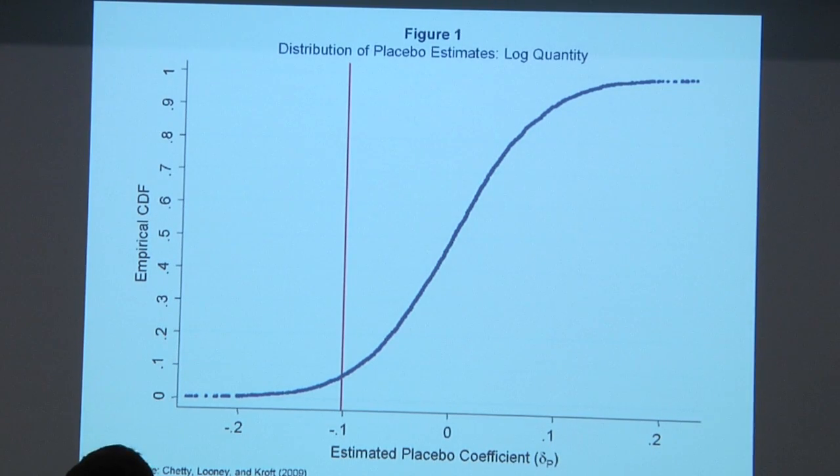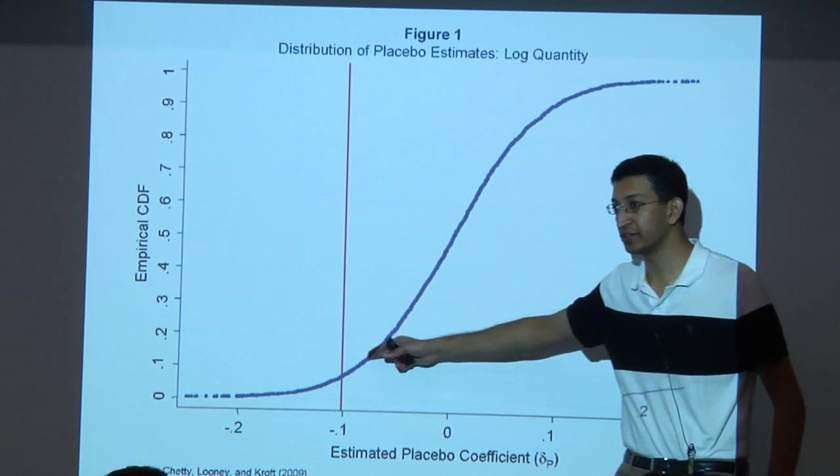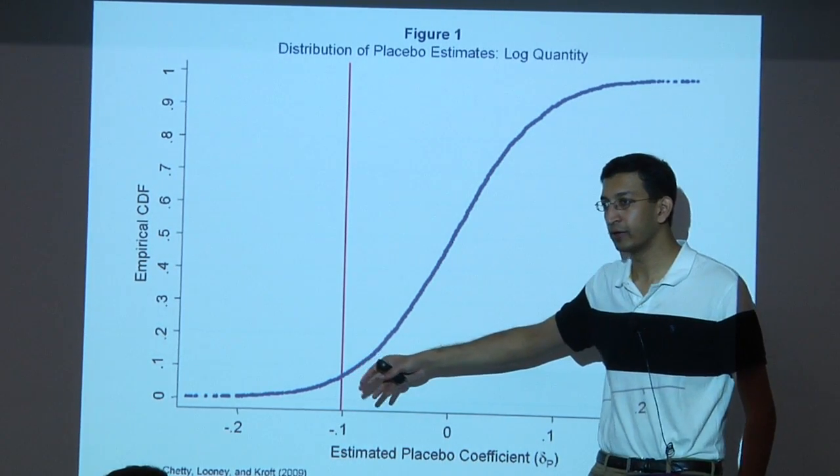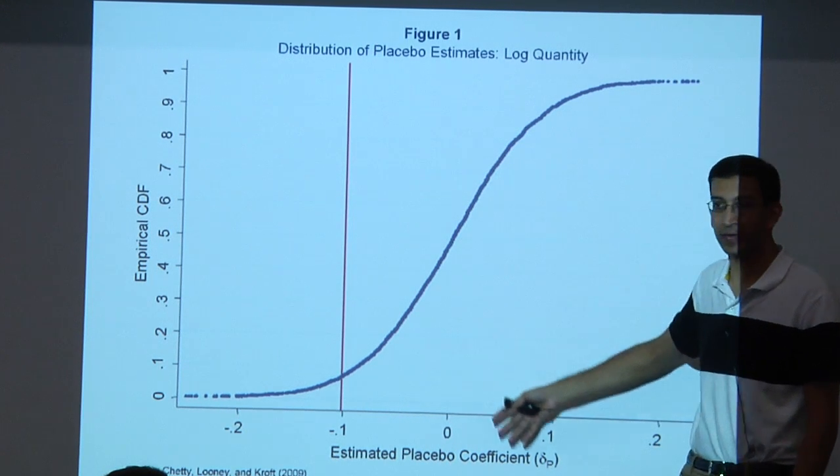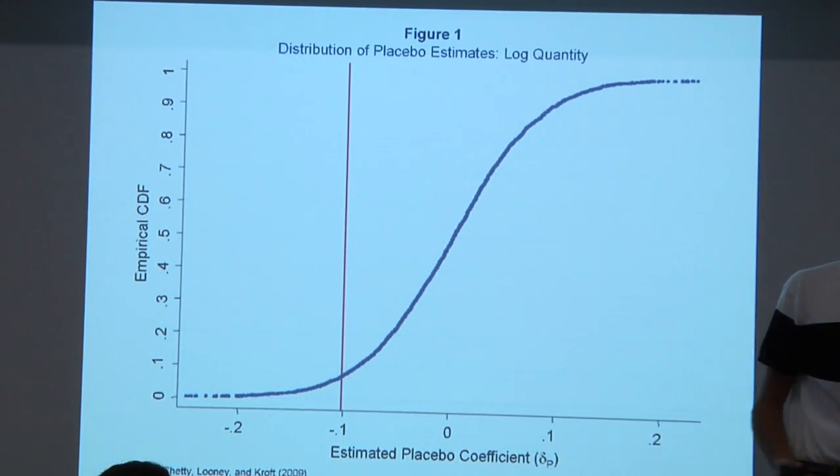I think this is the most natural way to think about inference. Suppose I had done a similar exercise at all the other times in the data. What is the distribution of estimates that I would have gotten, and how unusual is the estimate that I'm seeing relative to all the other estimates? If this red line fell over here, what we'd conclude is that there's nothing unusual.